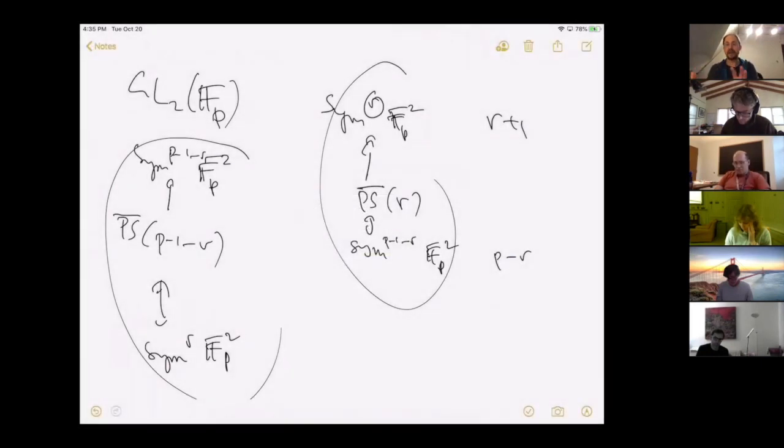In that same p-adic vector space of dimension P plus 1, I have these two different invariant lattices. So their reductions can be different, and in fact they are.